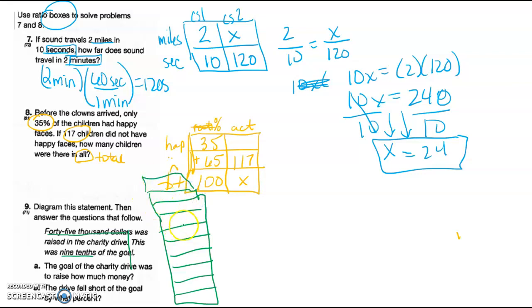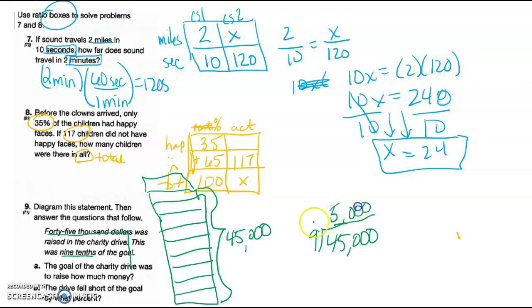And it says that $45,000, this is $45,000, 9/10. So if I divide $45,000 by 9, 9 goes into 45 5 times. That means each one of these is $5,000. Okay, I'm not going to write it for each one. 5,000 all the way.